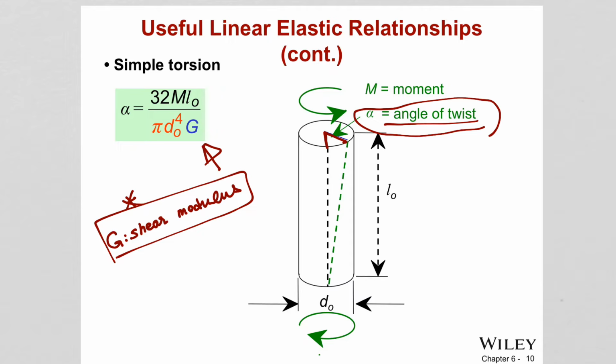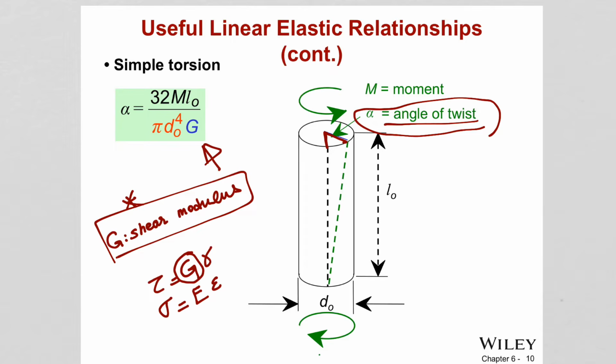So how we relate shear strain to shear stress is with the shear modulus. So normally when we have tension, normal stress was equal to modulus times normal strain. So in that case, these are the same things, but instead of Young's modulus here, we have shear modulus, because this modulus is related to the shear.